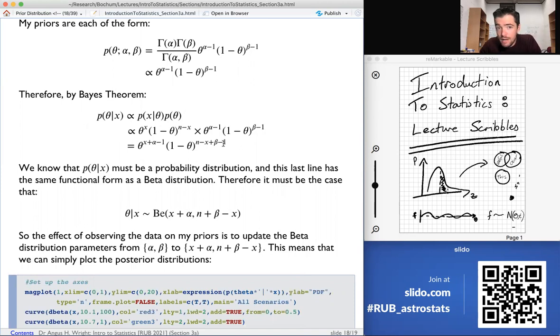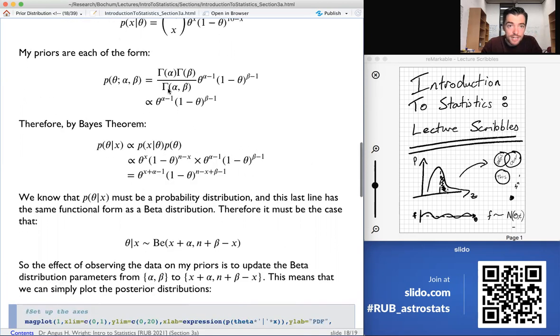So it turns out that the leading proportionality constants that we had actually drop out, and all of the complexities that we had in n choose x all end up dropping out, and can just be equal to this proportionality constant here for the values of alpha and beta that I've modified.